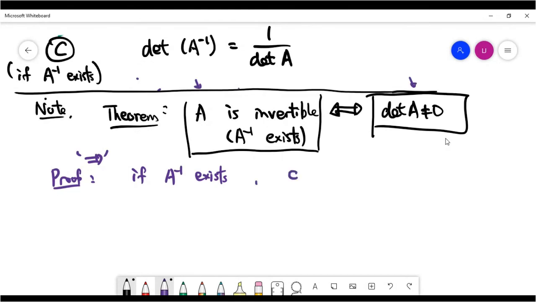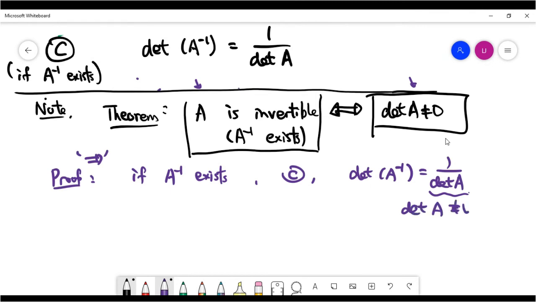I think it's obvious, because by property C, if A inverse exists, we have the determinant of A inverse, which is 1 over determinant A. Due to this formula, obviously the determinant of A in the denominator must be non-zero, because this expression is well defined. So this is obvious for the forward direction.